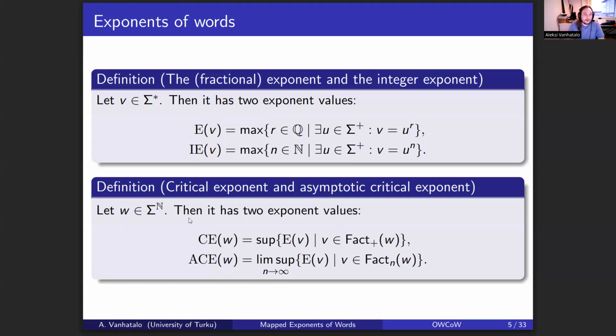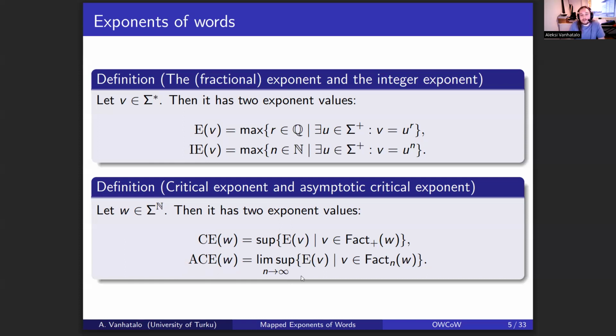And then for infinite words, we have these two exponents. We have the critical exponent. It's just the supremum of the regular exponents seen in the non-empty factors of the infinite word. And then we have the asymptotic critical exponent, which I will only say ACE for short.